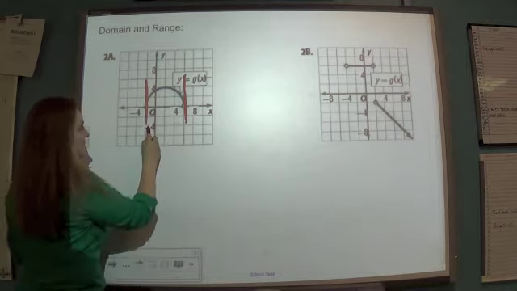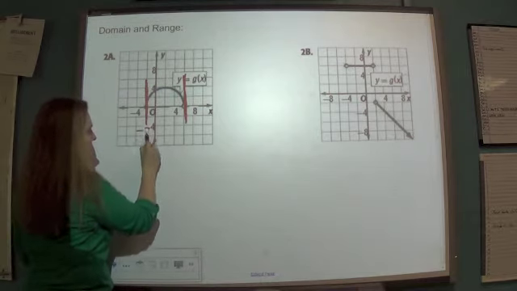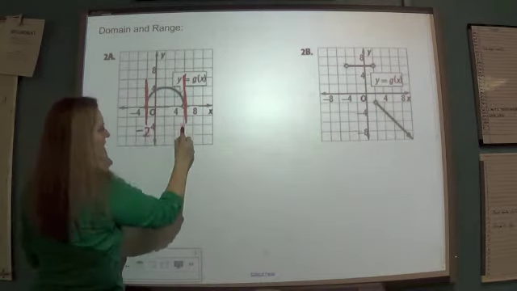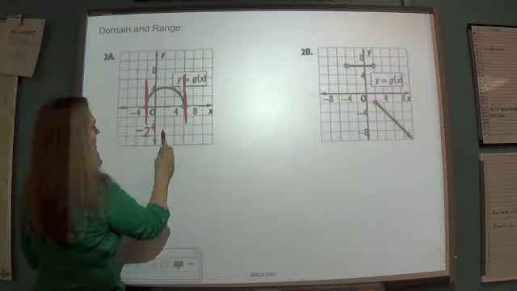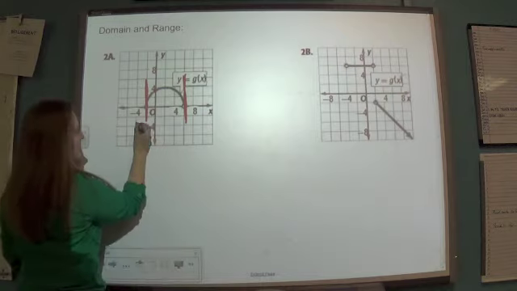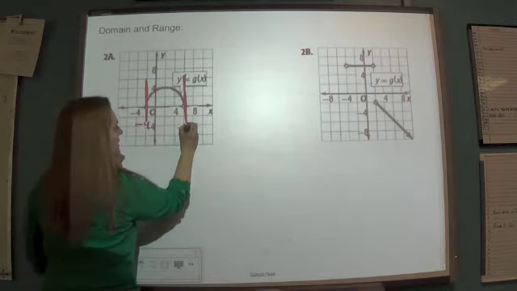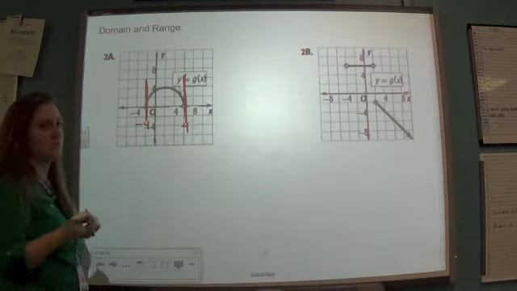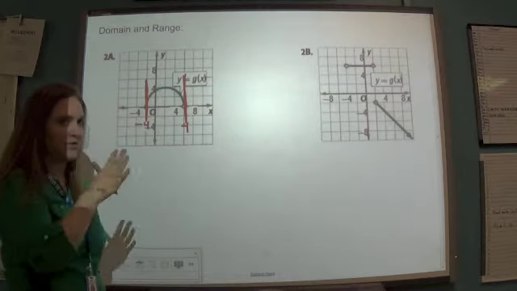Where I started is at -4, and I'm ending at 4. So that little curve goes from -4 to 4.